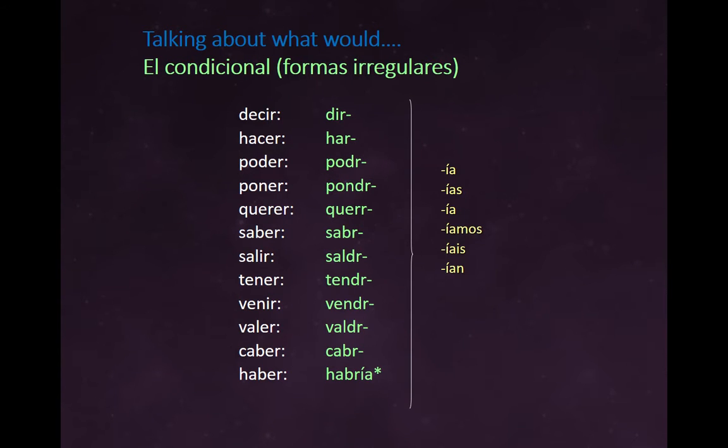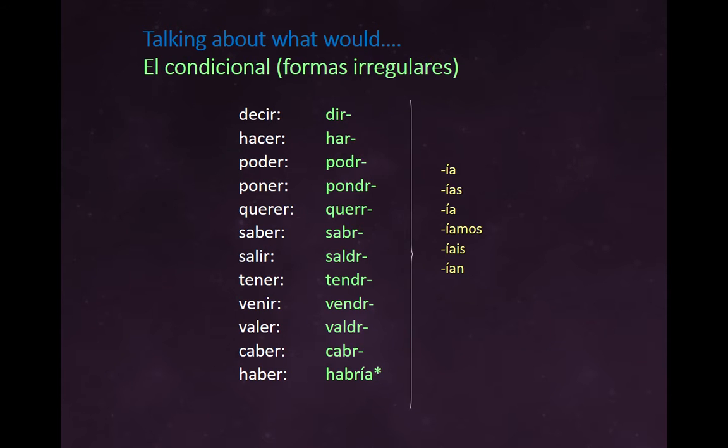Tener, of course, would be tendría. How would we say they would have? Tendrían. Venir, to come. You would come in the tú form. Vendrías. Once again, the verb valer means to be worth. Valdría is how we would say that in conditional. Caber means to fit. And the last one, haber.